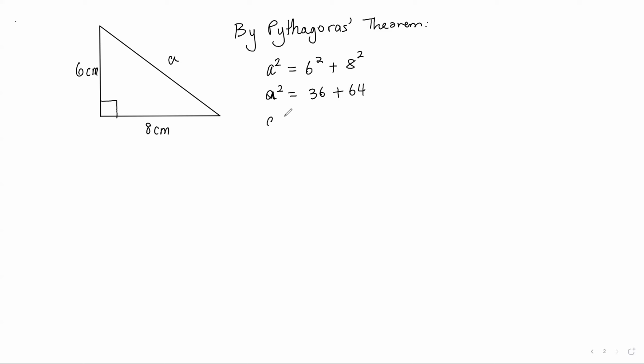Therefore, A squared is equal to 36 plus 64, which is 100. And so A would be the square root of 100. So A is therefore equal to 10. All right? So this is how you would find 10 centimeters, because it's the side of the triangle.